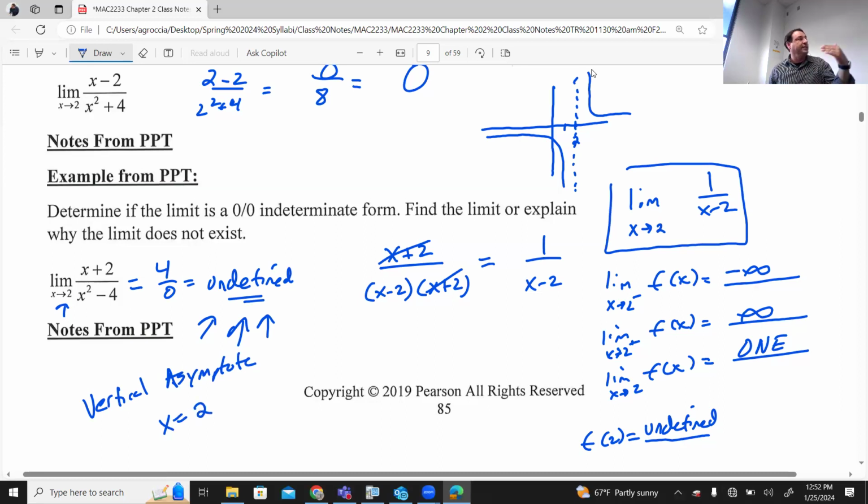The line is x equals 2. So you've discovered through limits that there's a vertical asymptote. Through limits, you can also discover a horizontal asymptote. So in addition to going to a number, it can also go to negative infinity or positive infinity.